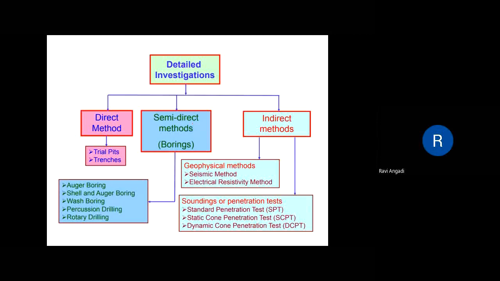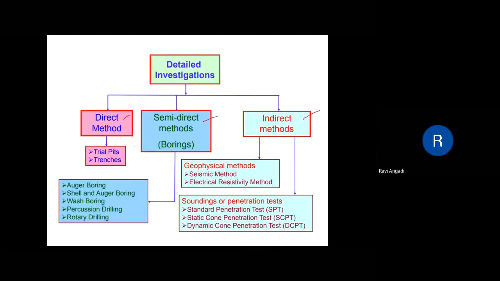Okay, so here is the chart I'm giving, showing how the detailed investigation will happen. There are three methods of detailed investigation: the direct method, semi-direct method and indirect methods.